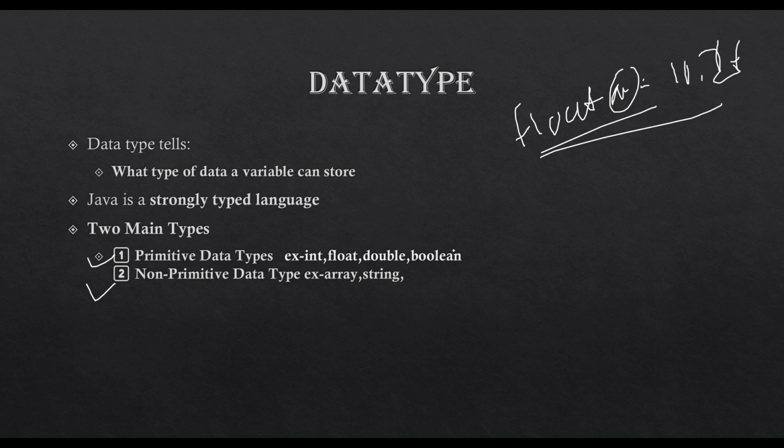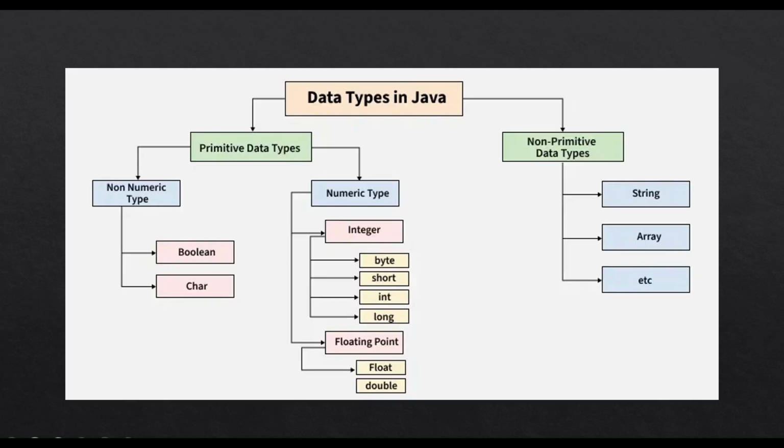And non-primitive data types are data types that are a grouping of primitive data types, you can say. Not exactly, but I can show you an example.